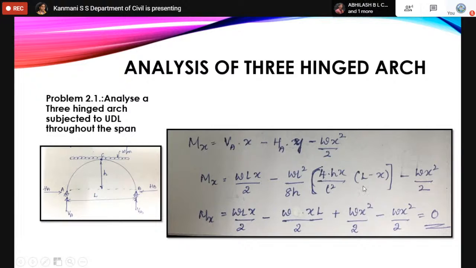So the formula is ready. If we simplify, we will get moment at any section X equal to 0, which tells you that if a 3-hinged arch is subjected to UDL throughout the span, then moment at any section of this arch will be equal to 0.